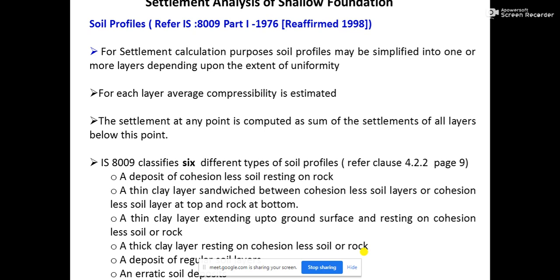The difference is, in the case of the thin clay layer, the clay layer thickness will be less than the width of the footing.